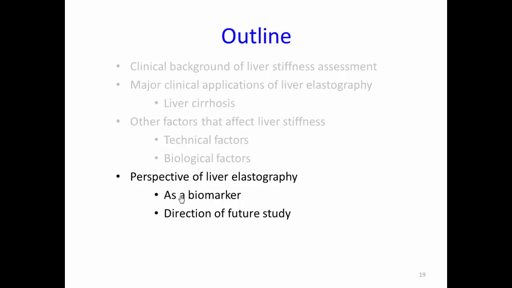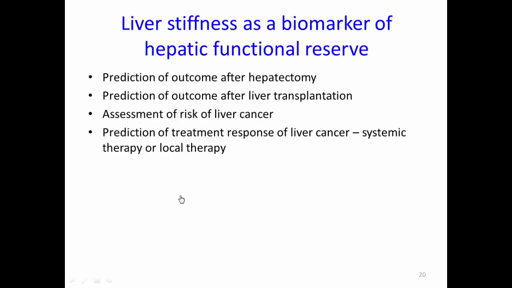So liver stiffness has been used in many other aspects. For example, it can be used to predict the treatment outcome of the various liver diseases or predict the prognosis of the patient with liver disease. It has been used to predict the outcome for patients after hepatectomy and after liver transplant, and for assessment of the risk of liver cancer and prediction of the treatment response of the liver cancer, both in localized or systemic therapy.